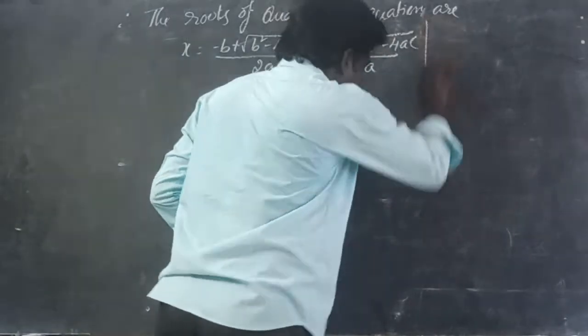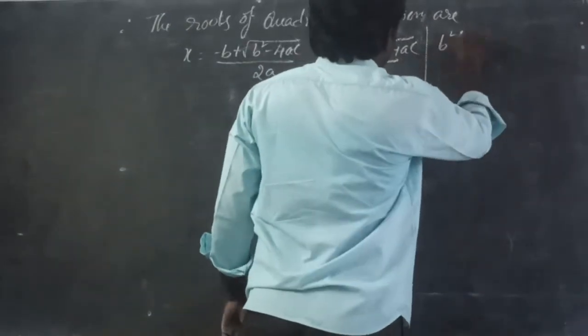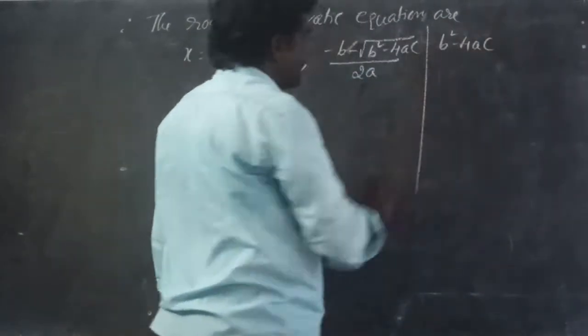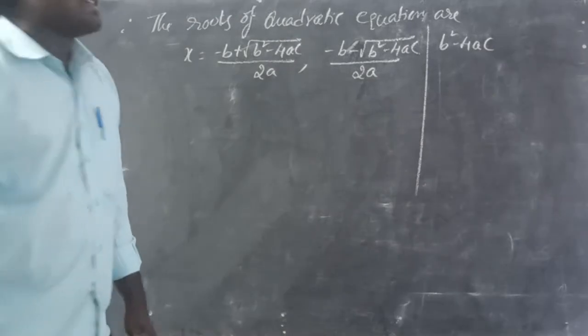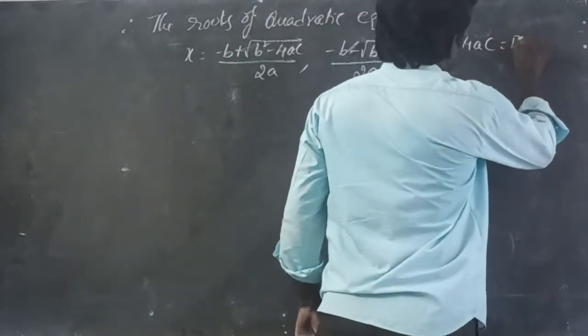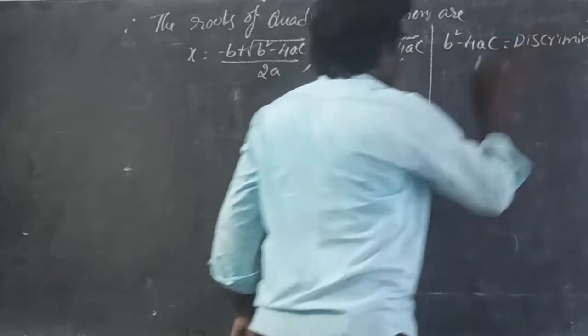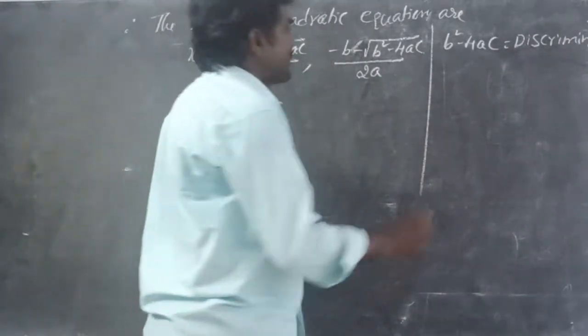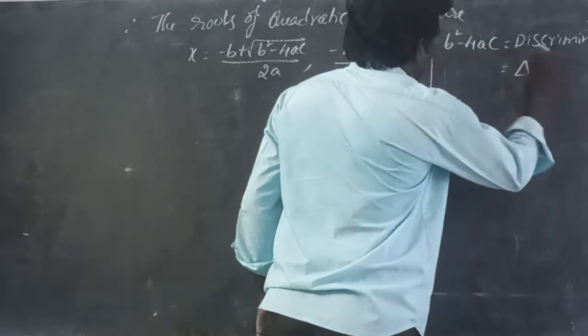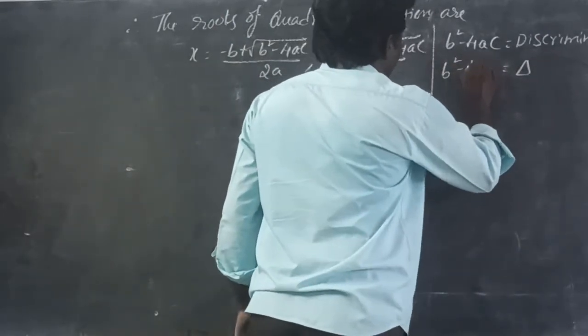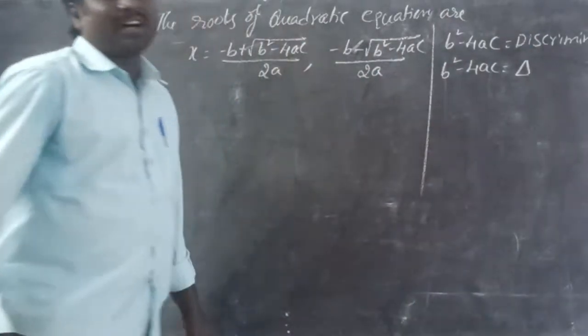Here b square minus 4ac is called the discriminant. It is denoted by delta. B square minus 4ac is called what? Discriminant.